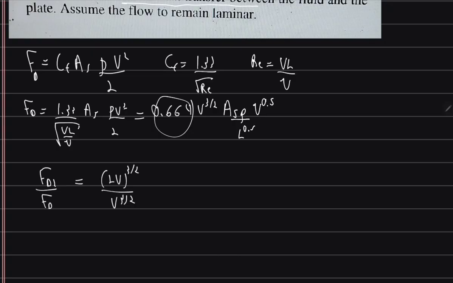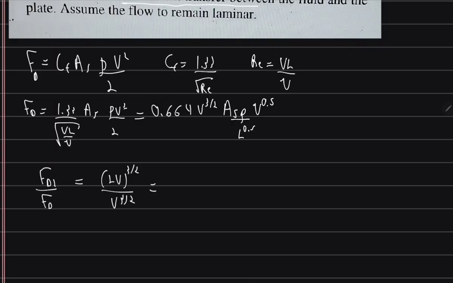The 0.664s cancel out, and all of these cancel out because they're just 1. Anything divided by itself is 1, leaving this.